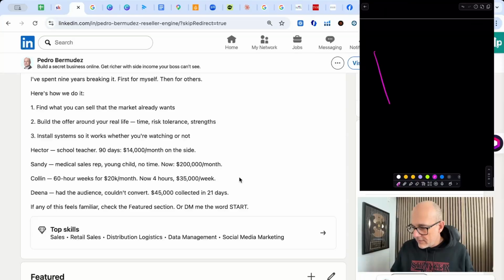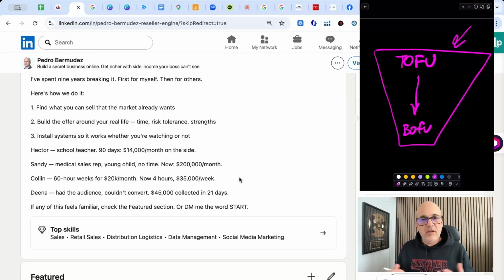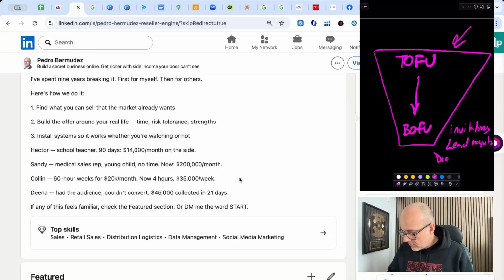If you think of it as a funnel, you need to get more people coming in. You're going to use your top of funnel content, which attracts viewers. And as they age in this, they're going to start seeing your bottom of funnel content, which is invitations, lead magnets, and direct response marketing.